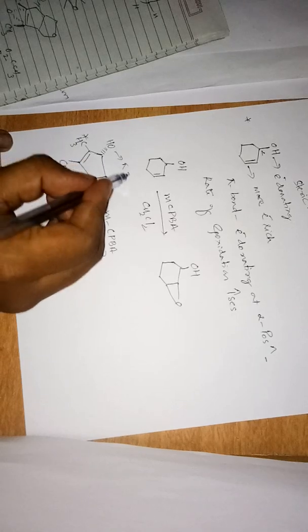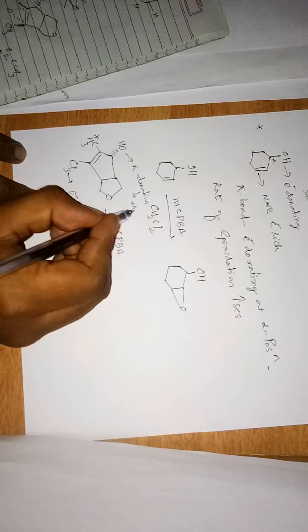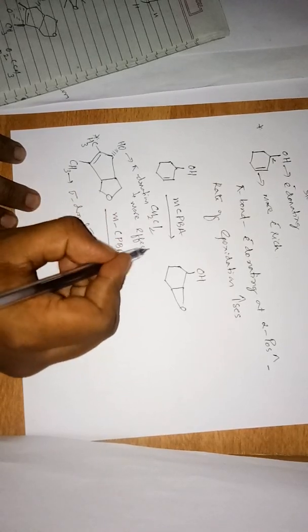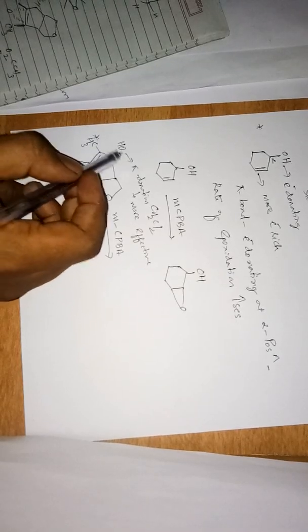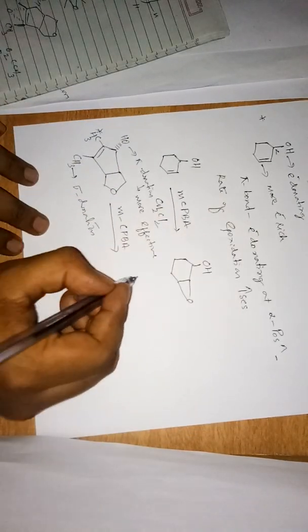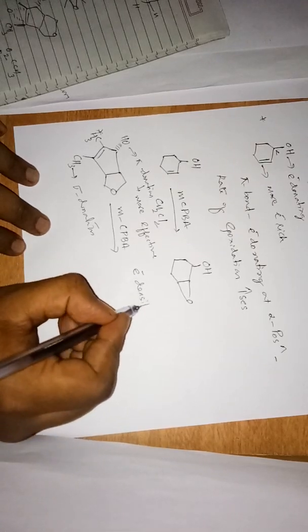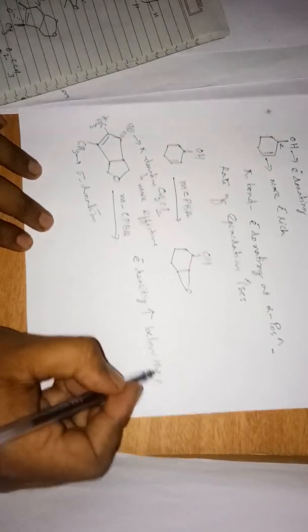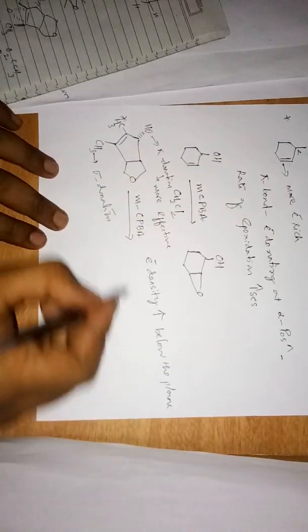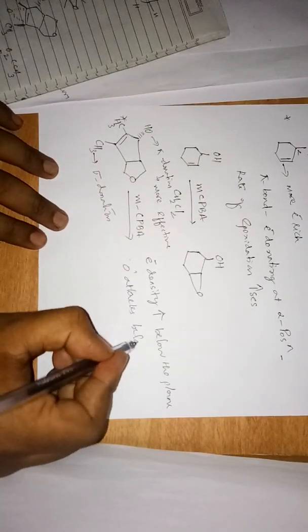The OH is pi donation, and pi donation is more effective. So look at the stereochemistry of the OH. It is below the plane, so it enhances the electron density below the plane. If the electron density increases below the plane, oxygen also attacks below the plane only.